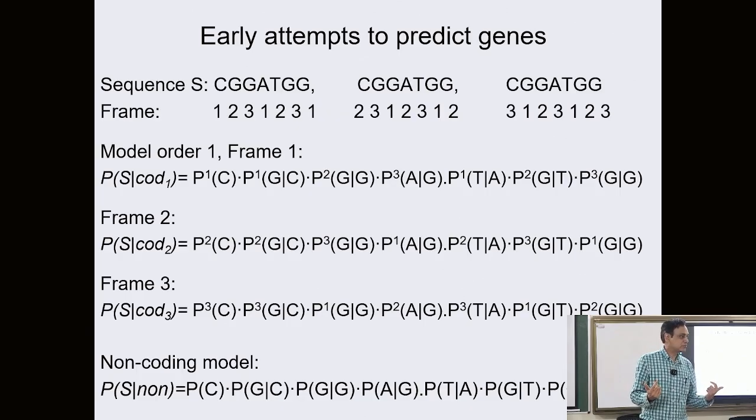Have you heard about Bayes theorem? Okay, good. Bayes theorem: probability of x given y is probability of y given x, times probability of x, divided by the sum over x of probability of y given x times probability of x.